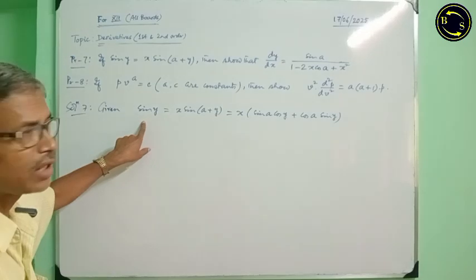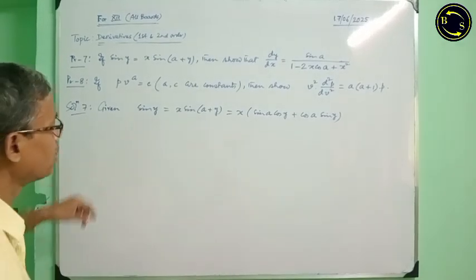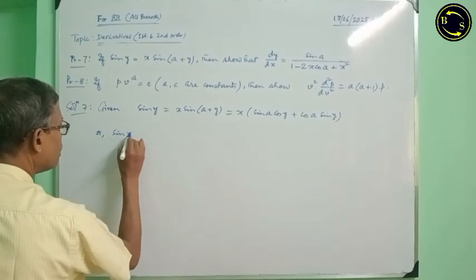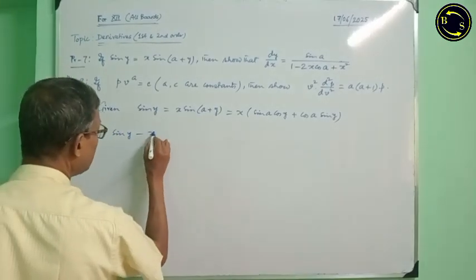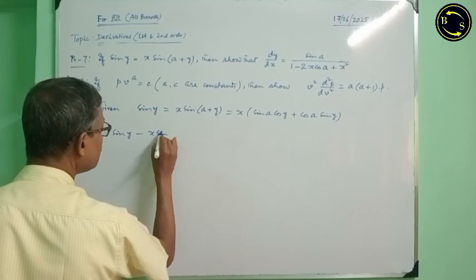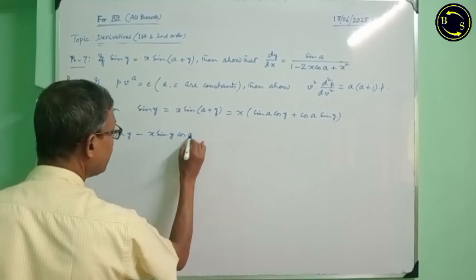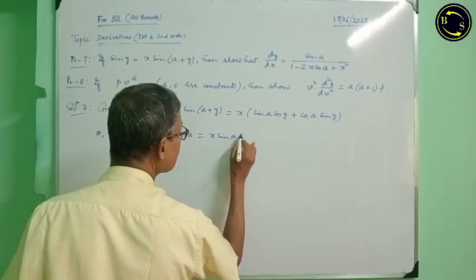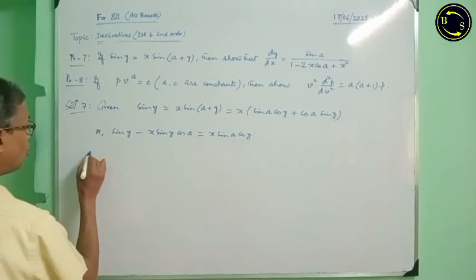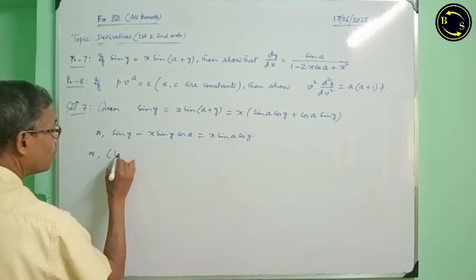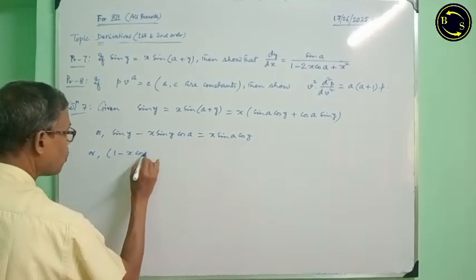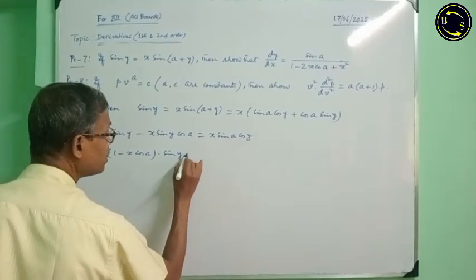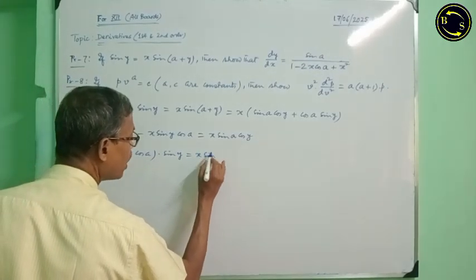Sin y term is there, therefore I take the sin y term on the left, or sin y minus x sin y cos a is equal to x sin a cos y, or 1 minus x cos a into sin y is equal to x sin a cos y.